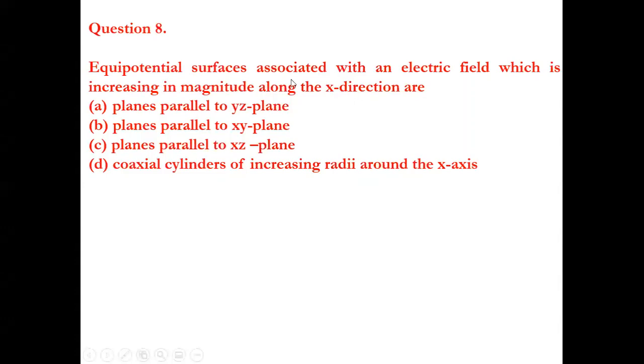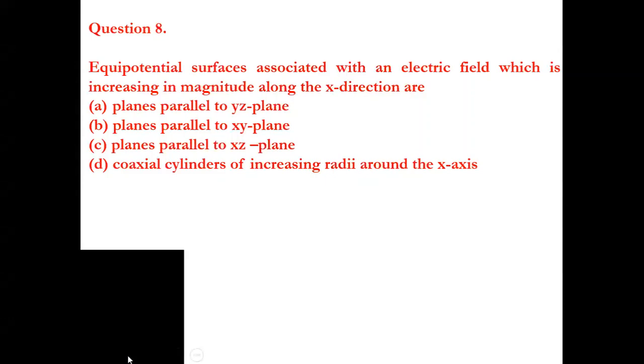Equipotential surfaces associated with an electric field which is increasing in magnitude along x direction. So along x direction, if the field is increasing, what will be the equipotential surface associated in this case?